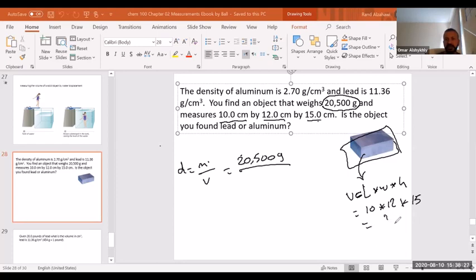Do the math and we get the volume in cubic centimeters, because the dimensions are in centimeters. Use that volume, and then compare the density you get with the density of lead or aluminum to decide what the object is that you found.